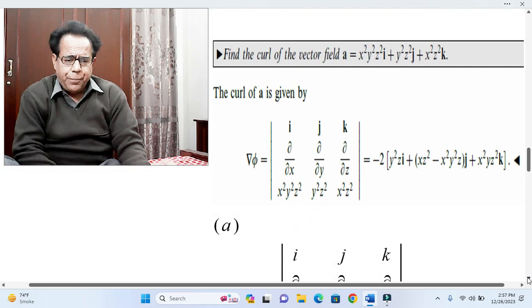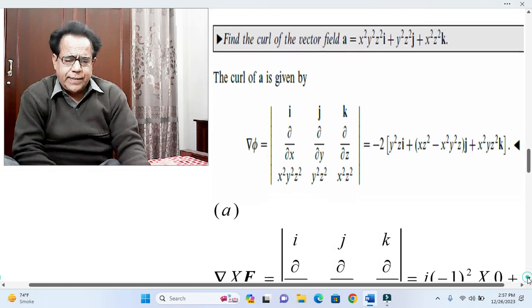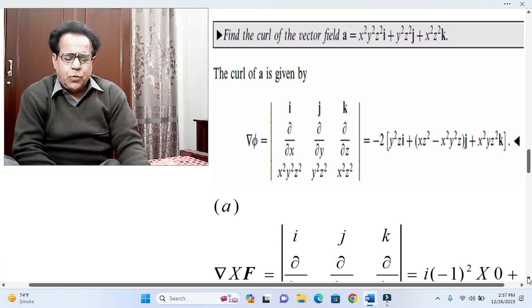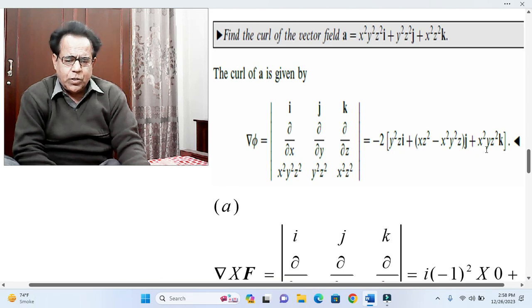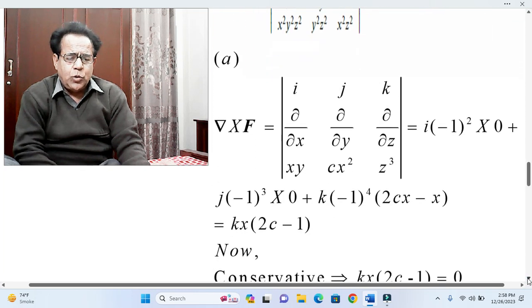Next snapshot, once again about the curl of a vector field A. The curl of A is given as this. Here the curl is not equal to 0, and a conservative field is not required. Anyhow, now we come towards our solution in a formal manner.